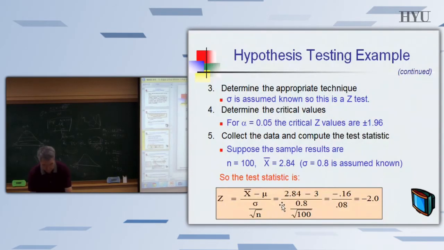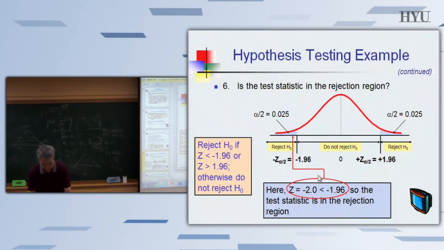So here, set up the critical value and the rejection region. Then, based on the actual sample mean and the sample size, you can calculate the test statistic. The test statistic in this example came out to be -2.